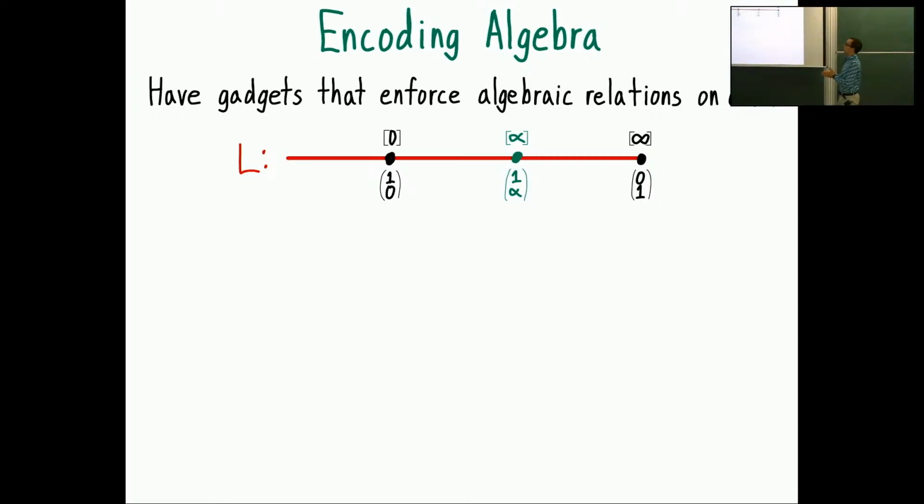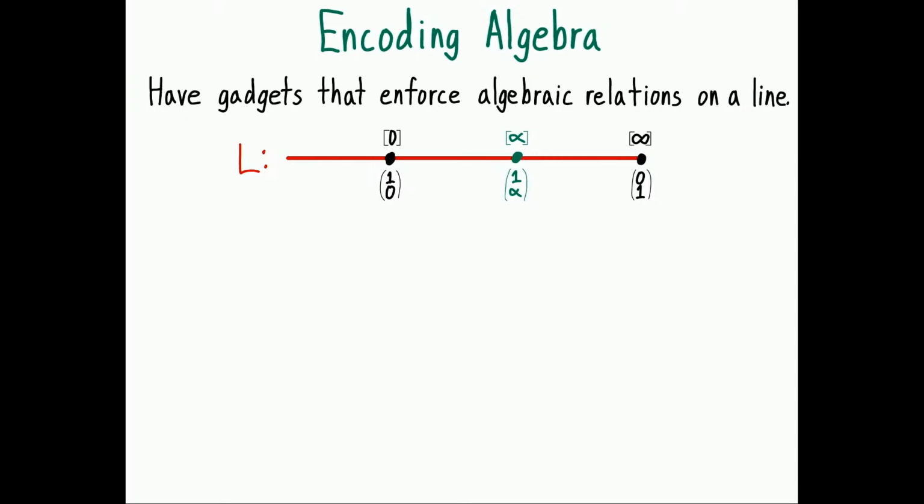So the way we're going to encode algebraic conditions is to think of values as points on a line, where we have a fixed 0 and a fixed infinity, and any value is going to be on that line between 0 and infinity.